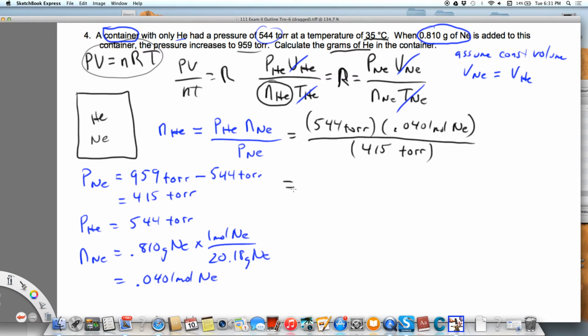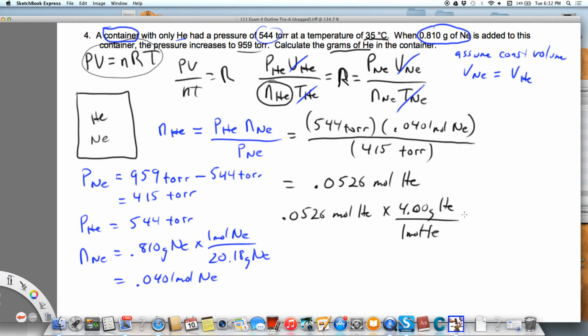That's going to give us the moles of helium, which comes out to 0.0526 moles of helium. Let's change that to grams. And what we get is 0.210 grams of helium. And that's our answer.